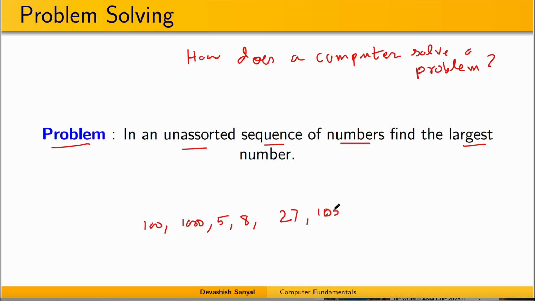So this is an unsorted sequence. If you are giving the computer these numbers, how will the computer find out the largest number? From here we can easily tell that 1050 is the largest number. So how will you tell the computer to do the problem? That is the question.